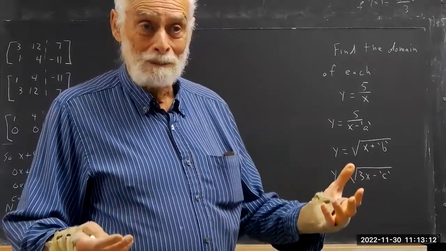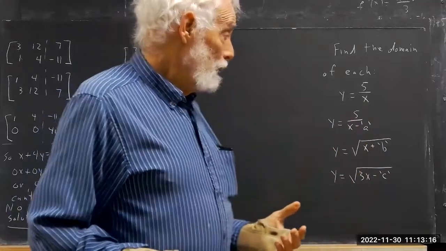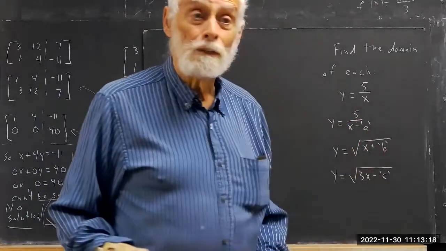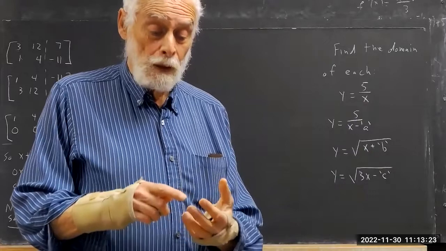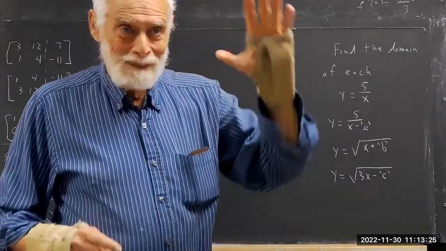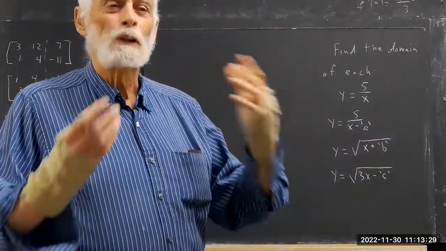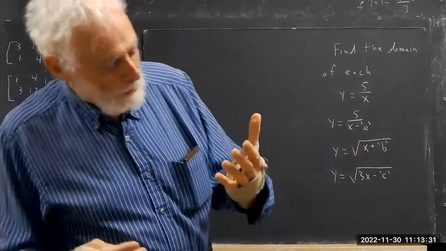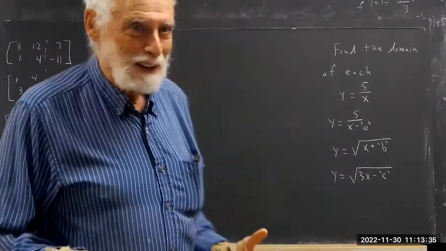Well, it's 2.5. 5 divided by 2, right? Okay. 5 divided by 1/2: 1/2, 1, 1.5, 2, 2.5, 3, 4.5, 5. That was 10.